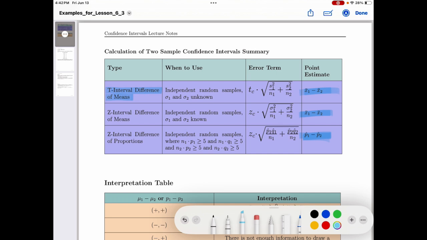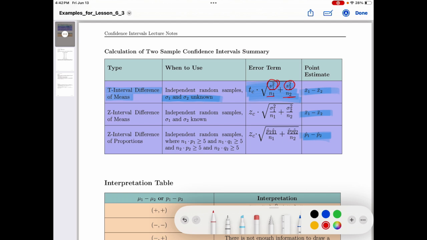And you can see that we have our error formula here. Because we do not know what the population standard deviations are for each of those populations, notice that instead of using sigmas, we're using the sample standard deviations. Now n1 is the sample size from the first sample, and n2 is the sample size from the second sample.